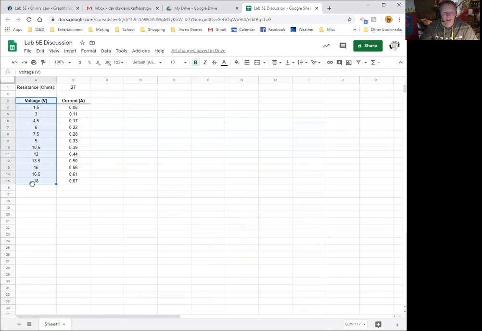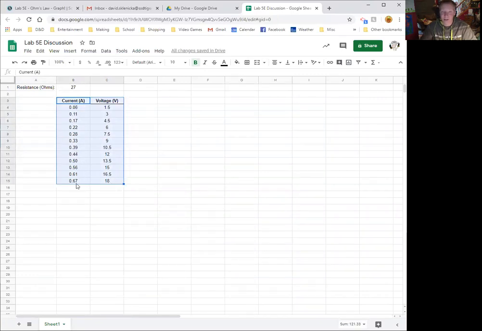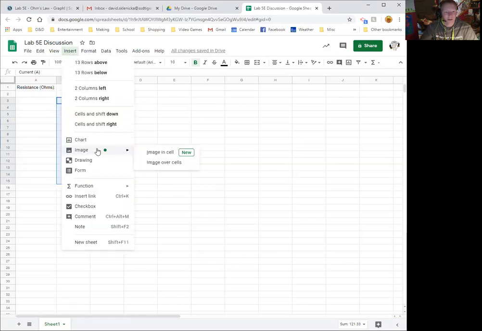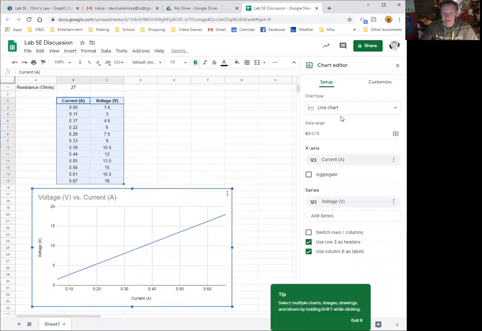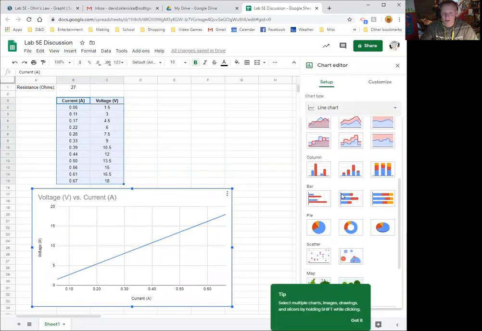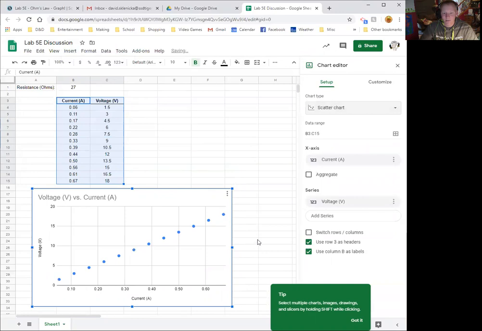So I'm going to highlight my voltage and just move it over here. And now when I highlight it, the first column, the current, will be my x, which is the independent. That's what the instructions asked. The second column will be my y, which is the dependent voltage. And now I can insert my chart and make those adjustments again. So change it from a line chart down to scatter plot.